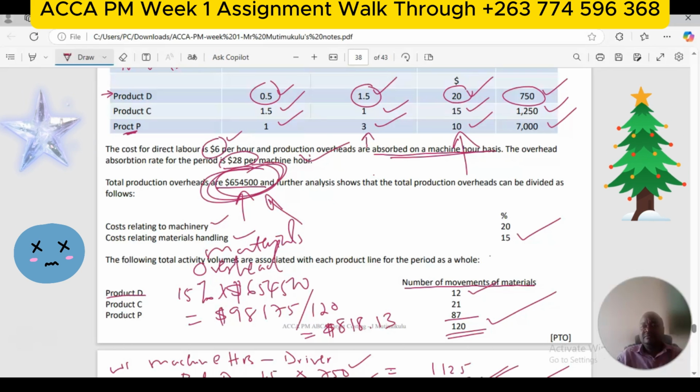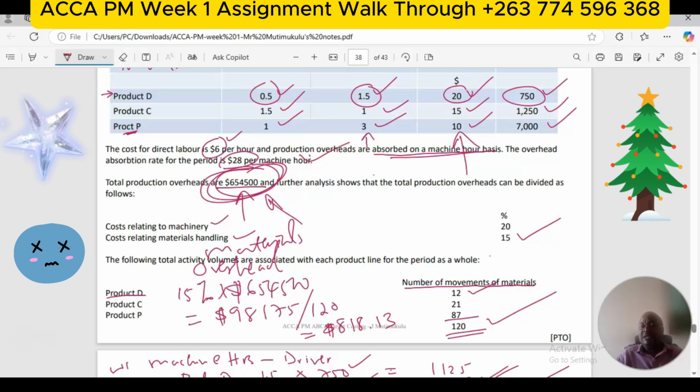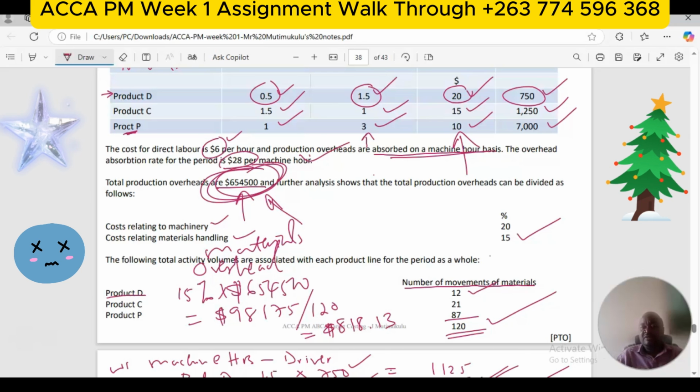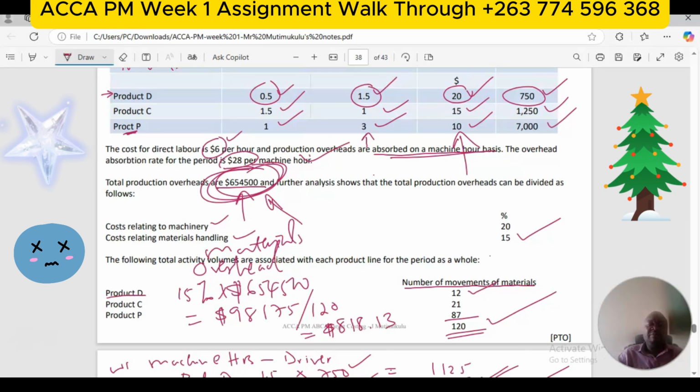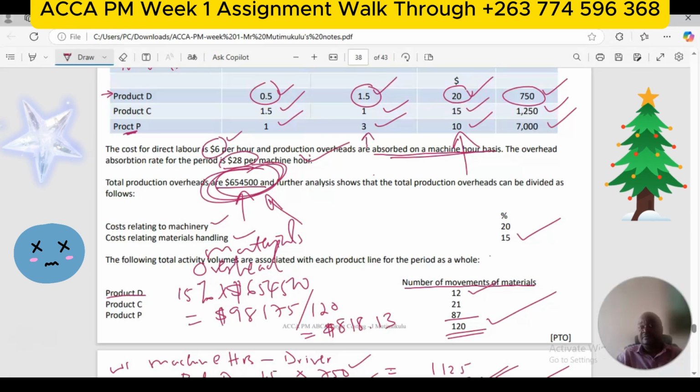Because the information given already for the materials was in dollars, and we are being told that the number of movements of materials in relation to producing product D was 12 movements.